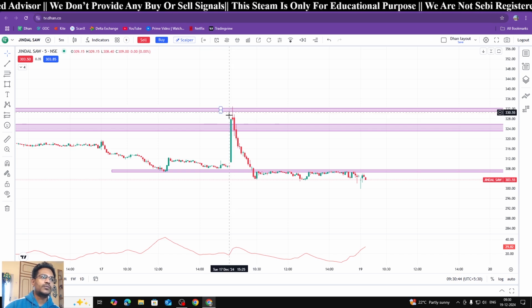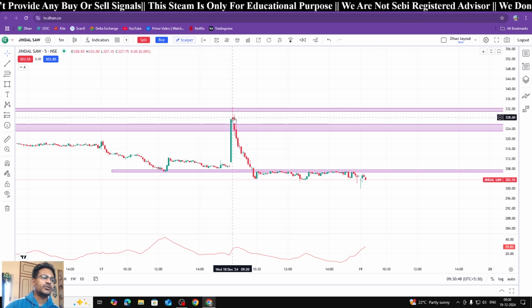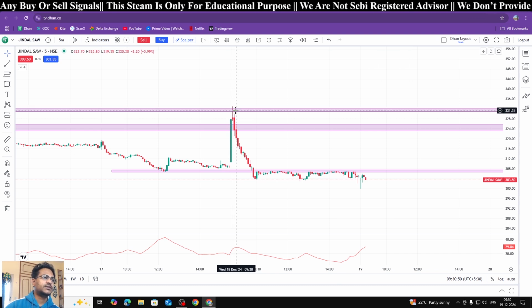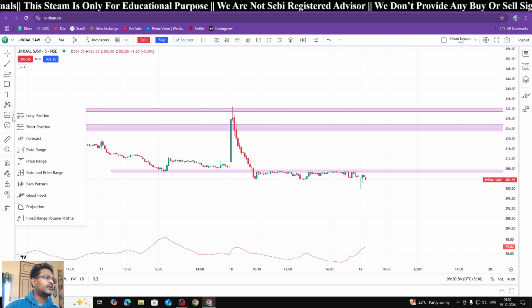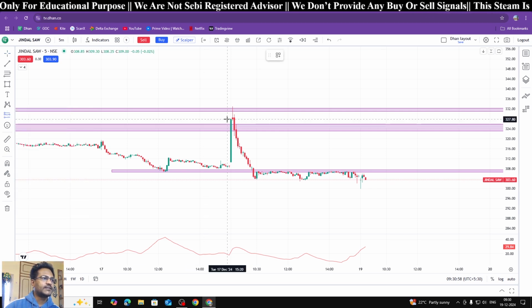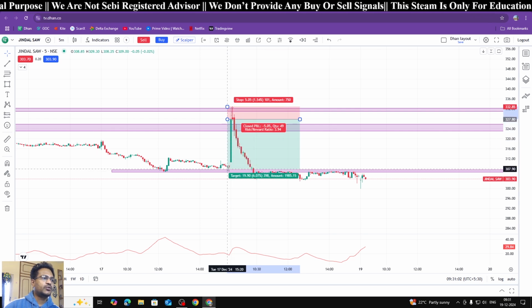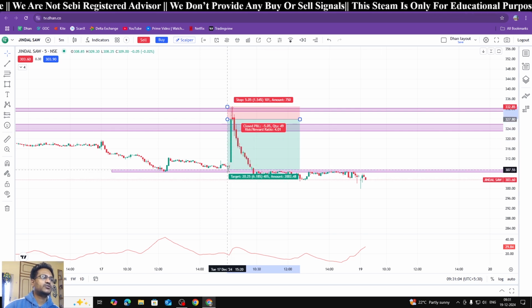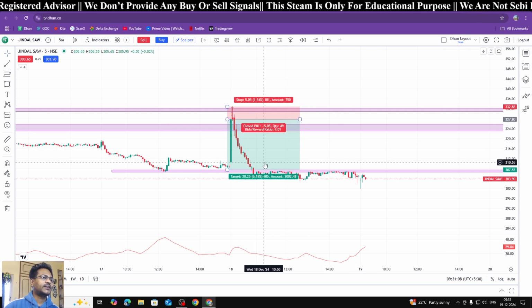It took proper support from this resistance and gave me a pin bar signal, which was a sign of a reversal. So immediately I went ahead and shorted exactly out here, marked this as my stop loss, and booked my target till this level, which was a target of 1:4. This was a trade that was taken yesterday.